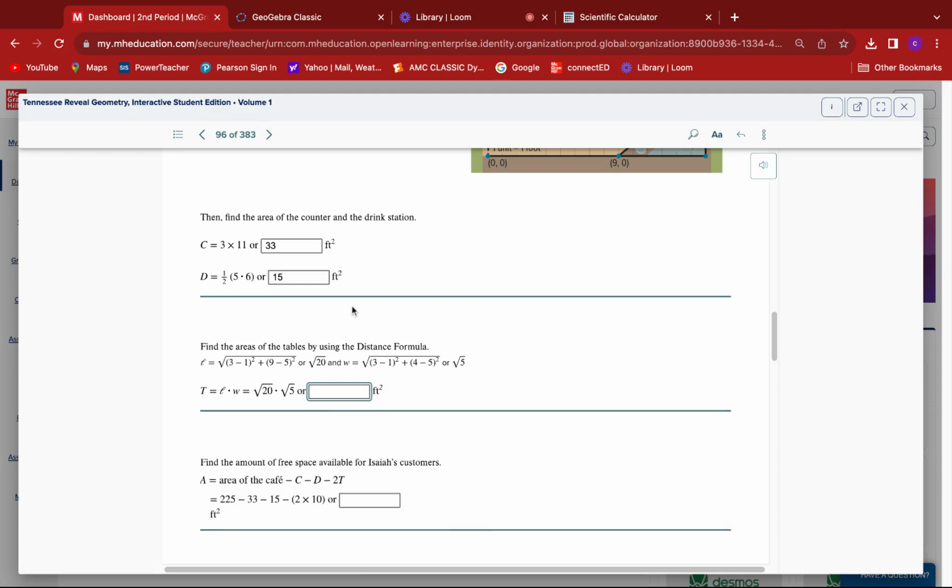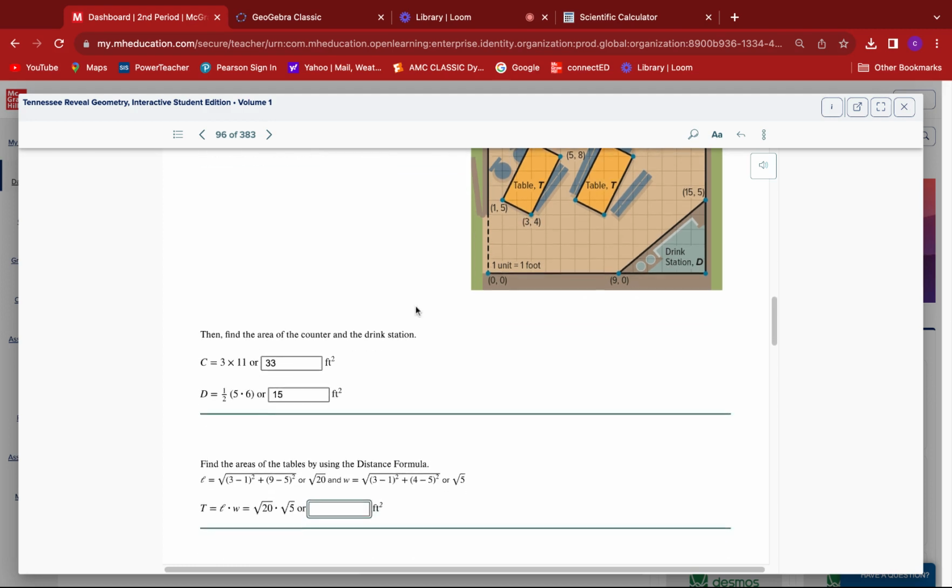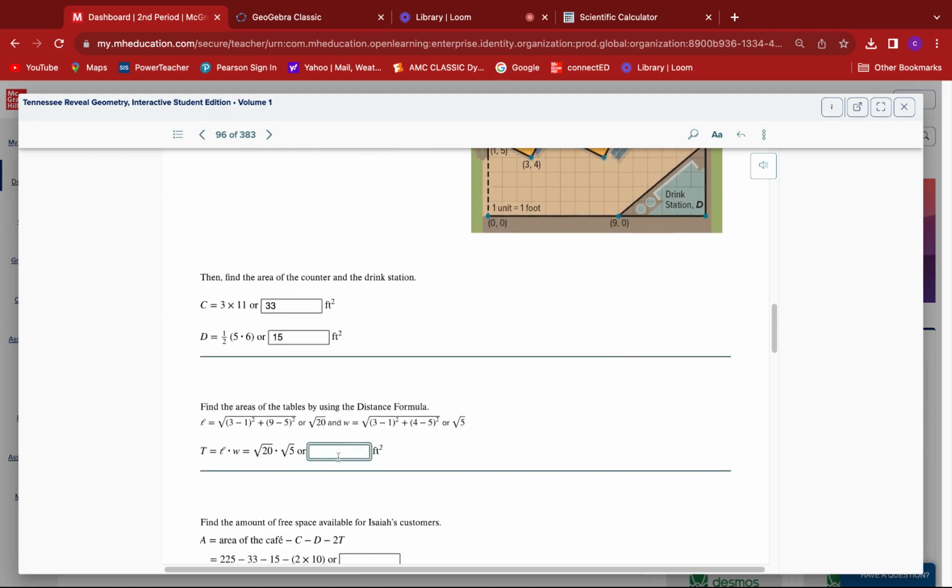Let's see what we're doing here. Areas for the tables. Here we go again. Just counting. We can count blocks up and over, and it looks like they did it kind of for us. The square root of 20 times the square root of 5. Well, a square root times a square root gives you a square. If you don't believe me, take the square root of 20 times the square root of 5 on your calculator.